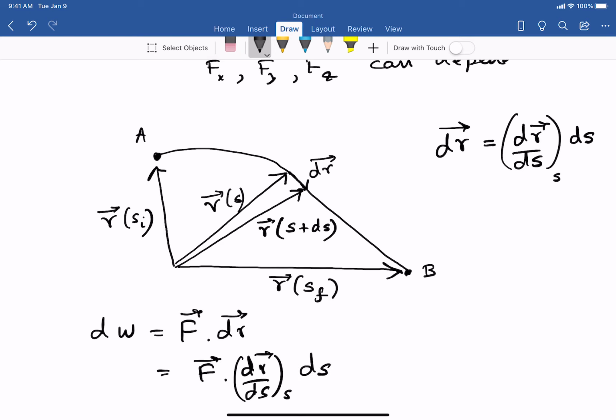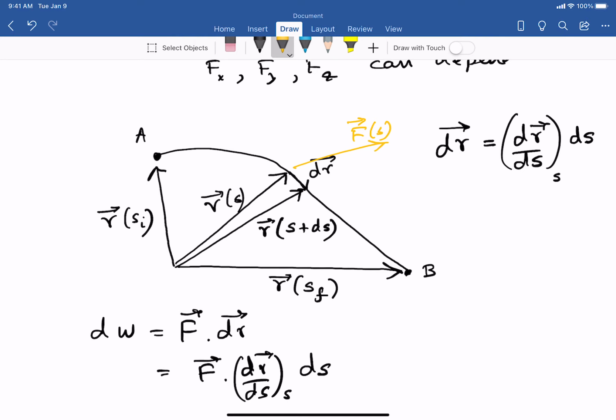Okay, and strictly speaking, this F is whatever the value of the force was at the starting position. We are assuming that the value of the force did not change very much. So let's say the F was something like that. The direction of the force was that, and that is the F at s, right? We are assuming that it's going to be the same F over our infinitesimally small displacement dr. So we are assuming that dr is so small that F doesn't change over it, right?